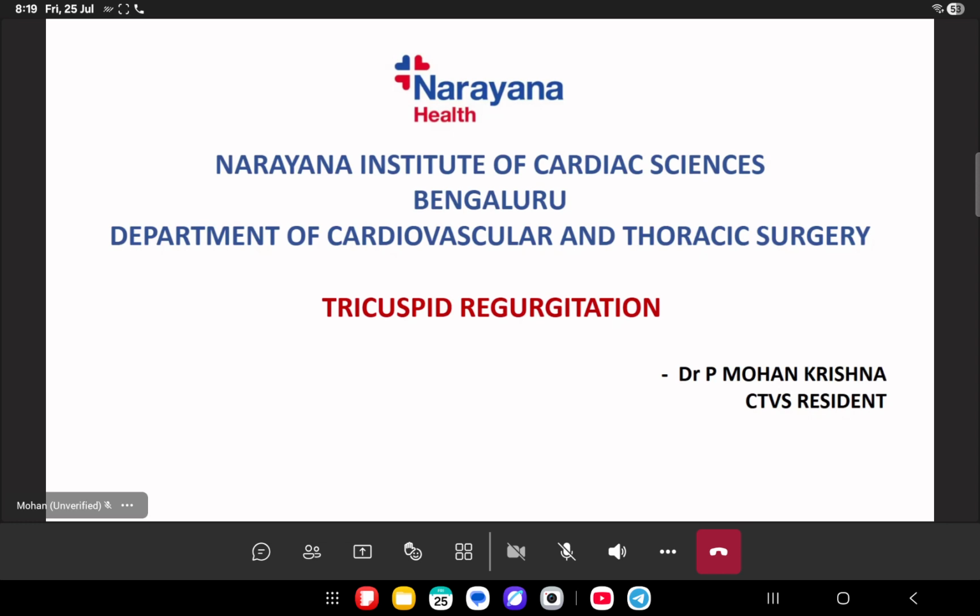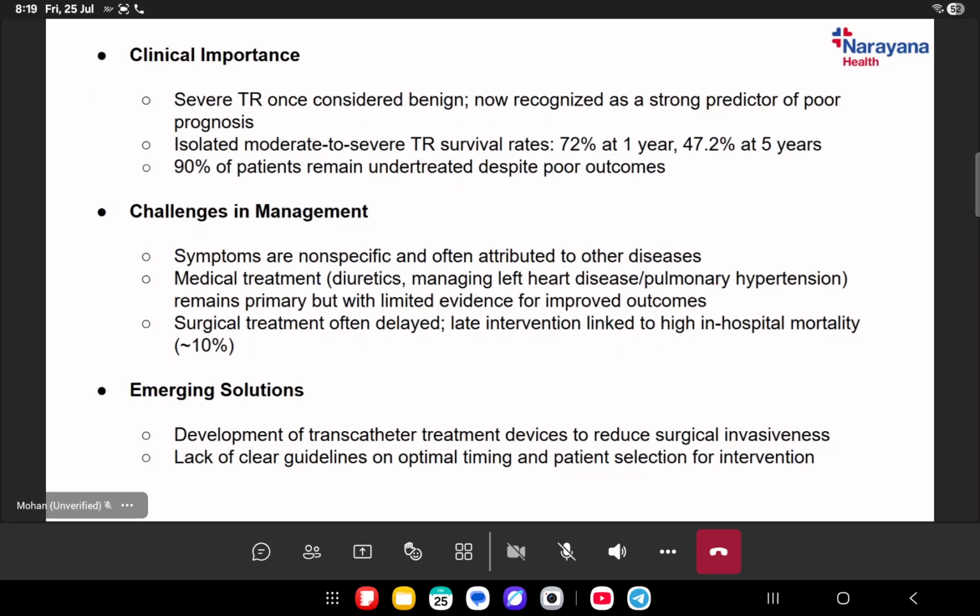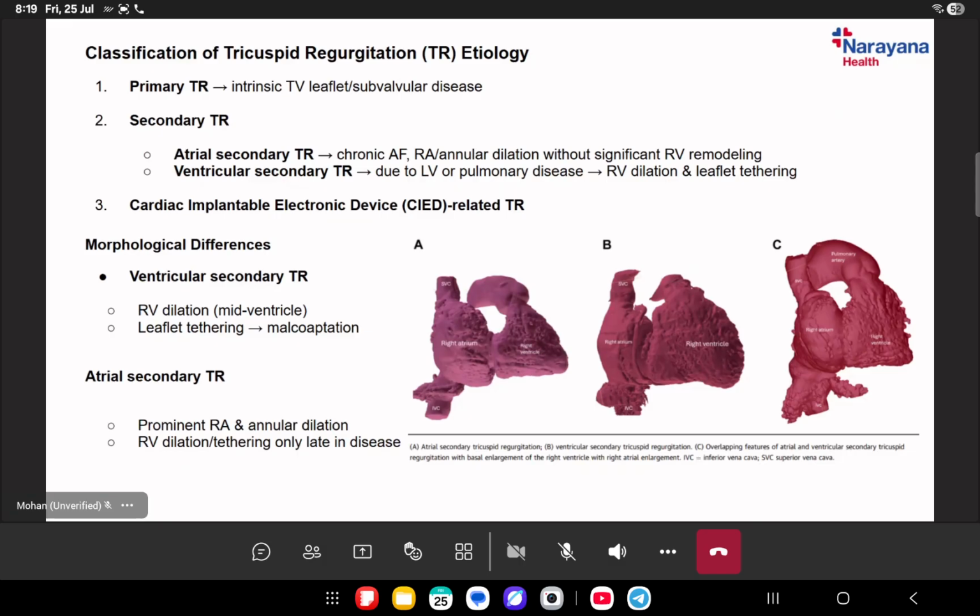It is like more than mild. See, mild, moderate, severe is a very vague thing. You must have numbers to say that this is mild, this is moderate, this is severe. Somebody's mild can be another person's moderate.